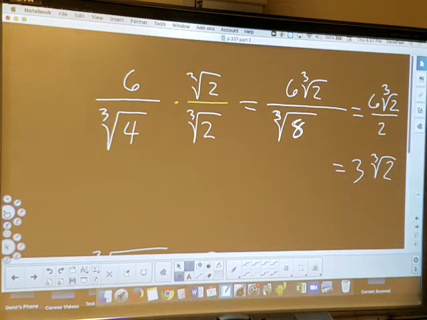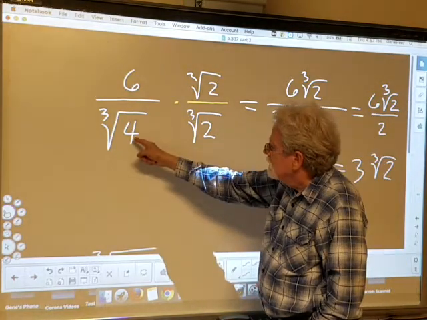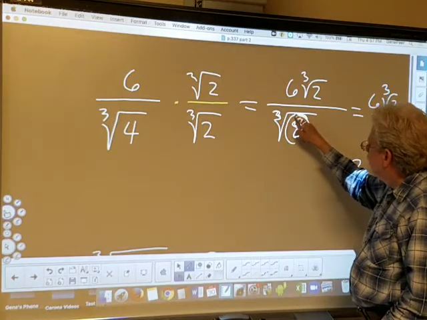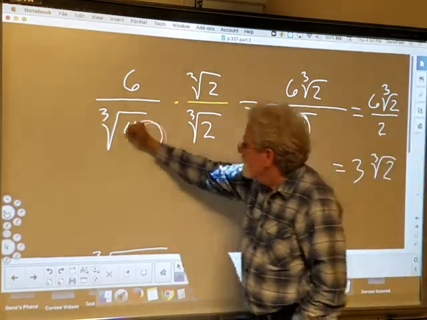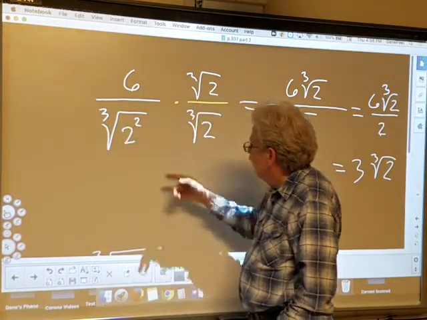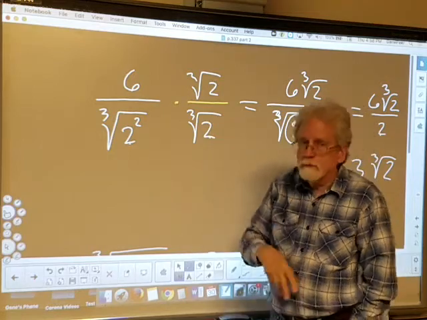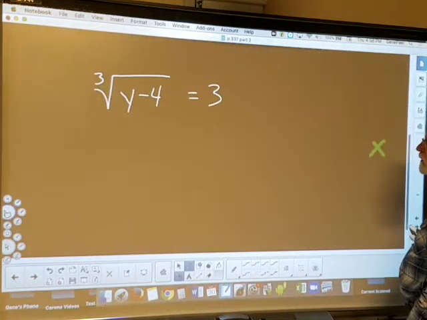This is a slightly different way of thinking of it. What can you multiply this guy to make it become a perfect cube that I can then take out? Or rewrite this as 2 squared, and I see clearly that I need just one more 2 so that I can take it out.